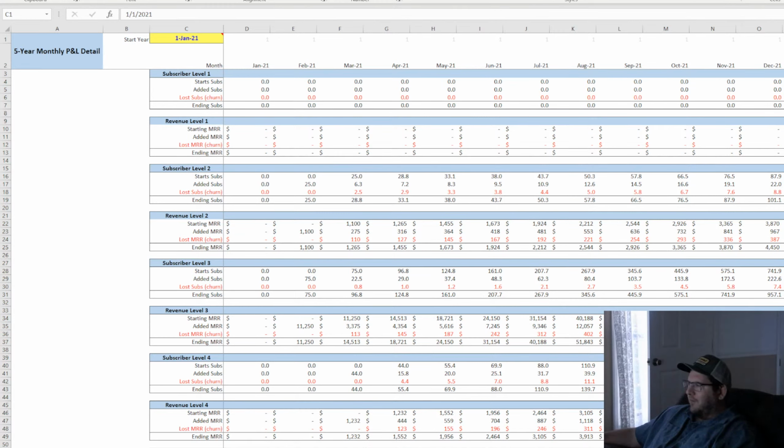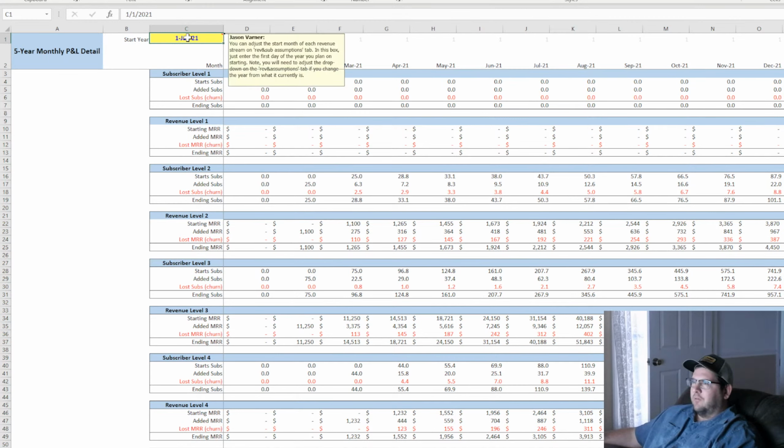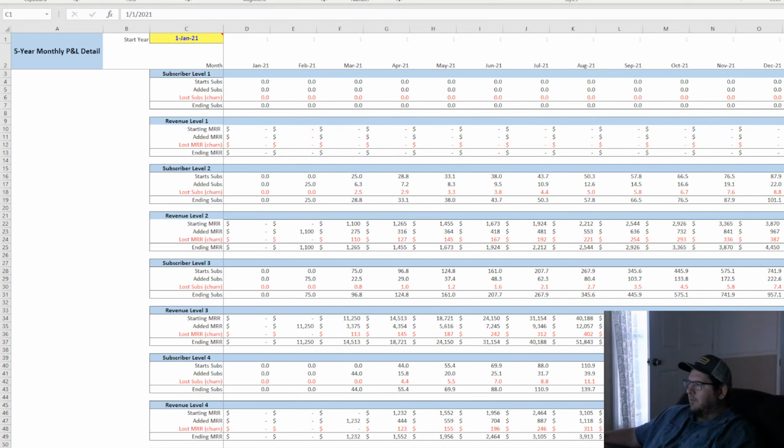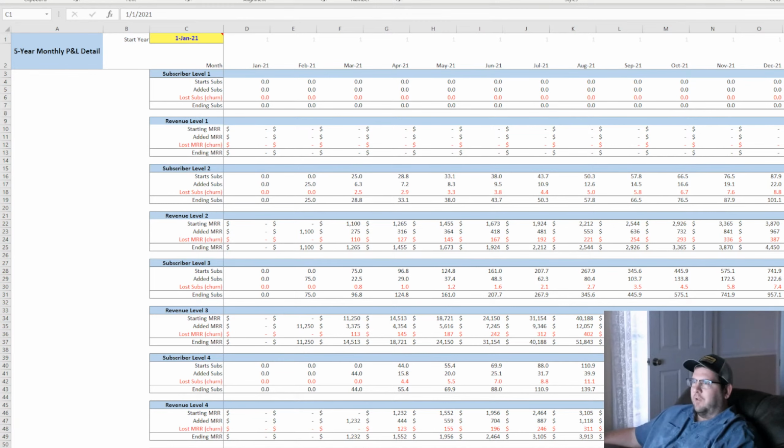The 5-year monthly? Are you sure? The 5-year monthly P&L detail. It should be in cell C1. And that's been there, I think this model is one of the, that's definitely been there forever. Okay, hold on.